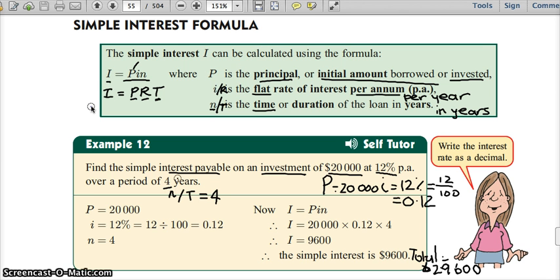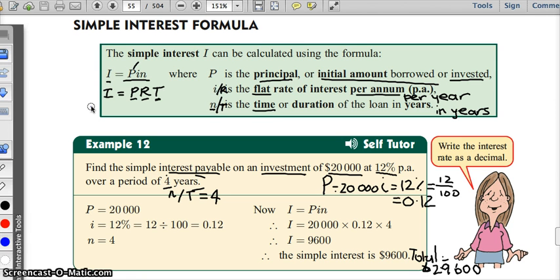Now, there are questions which don't give the time in years, and I'll give you an example.